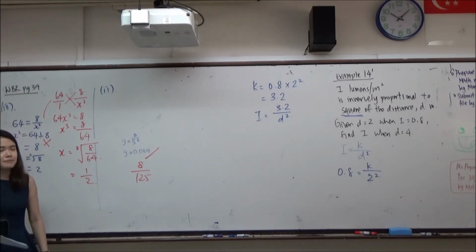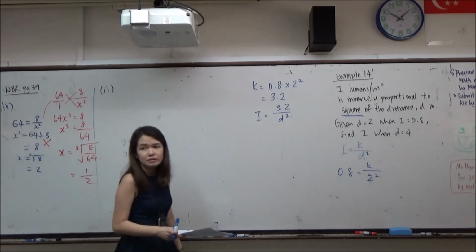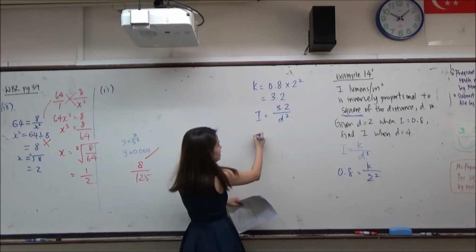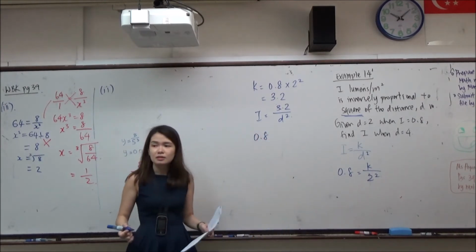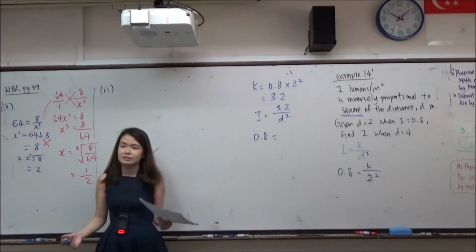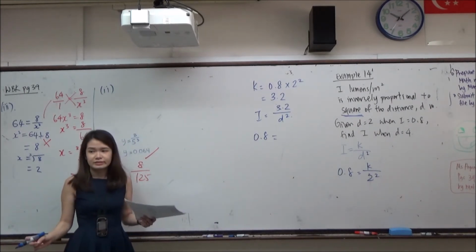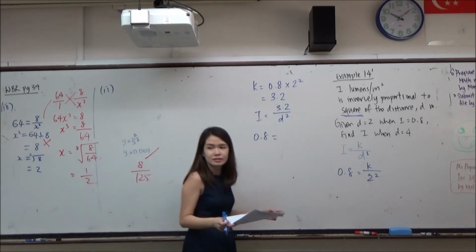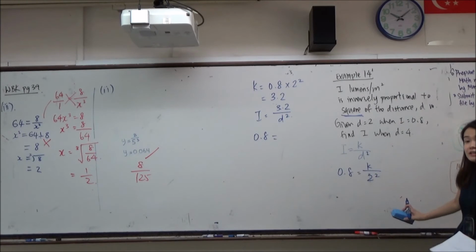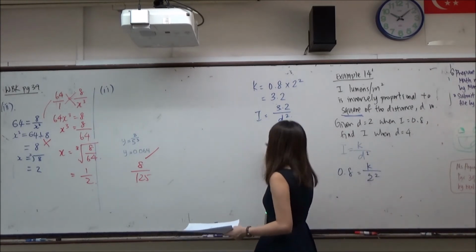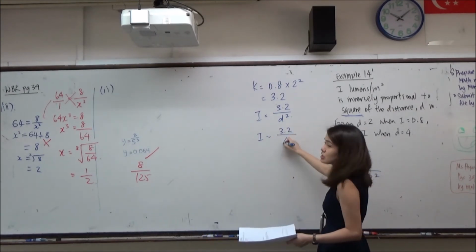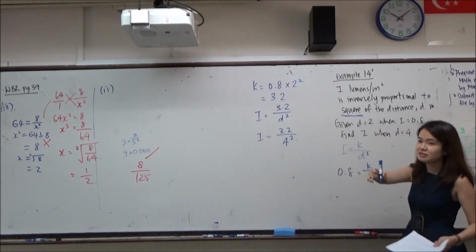Okay, so what will the next step be, Valerie? I equals to 3.2 over 4 square. Okay, you sure about this answer?